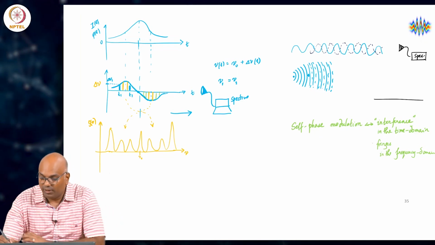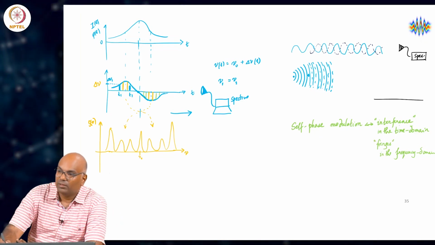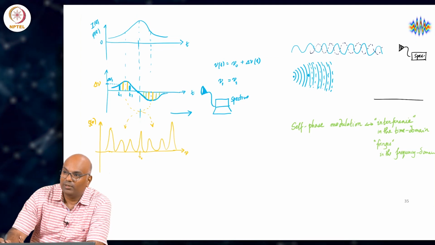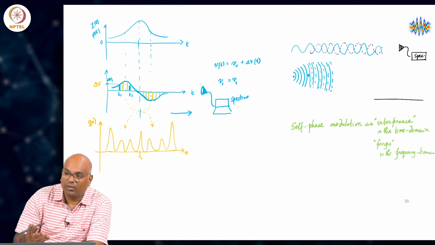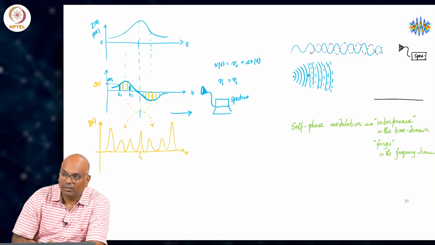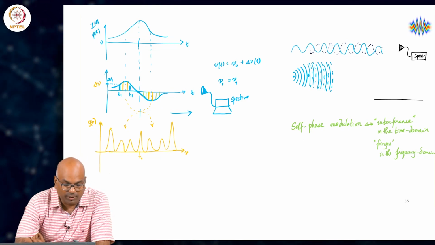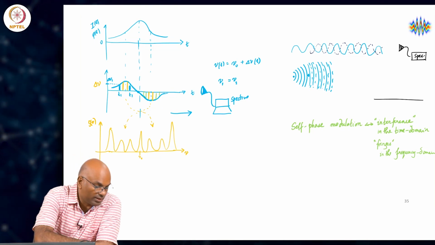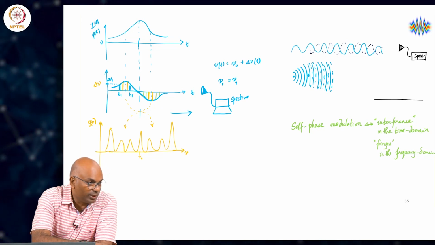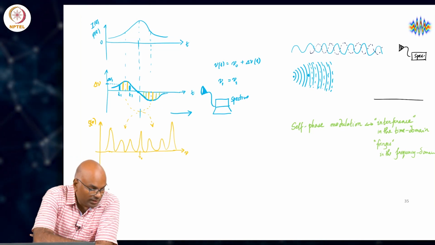So, elsewhere we had interference in the spatial domain and fringes in the k or theta domain, right. So, the angular domain or the reciprocal of space, which is the spatial frequency domain, right. So, that is self phase modulation.